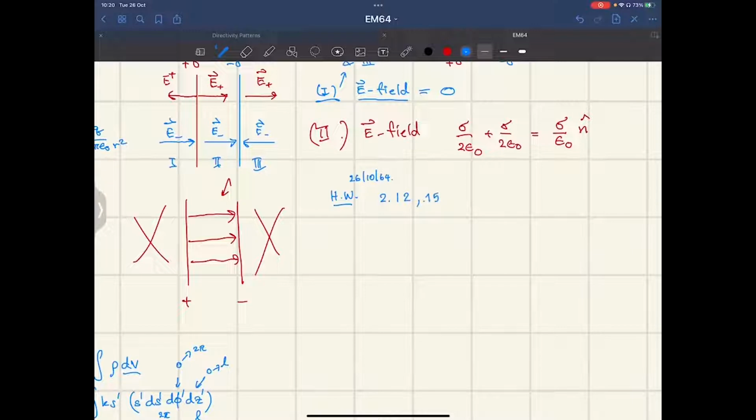Okay, I didn't write number 2 here, just so you clearly understand it. 2.15, 2.16, 2.17.